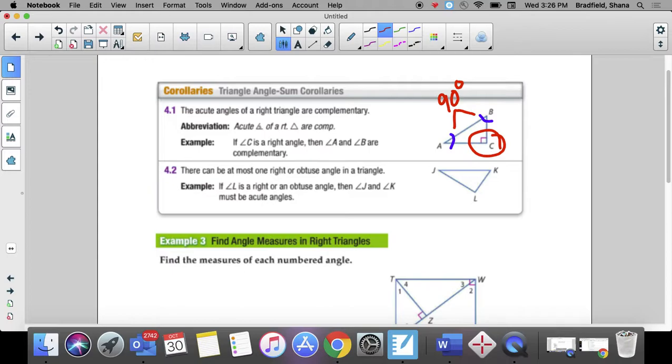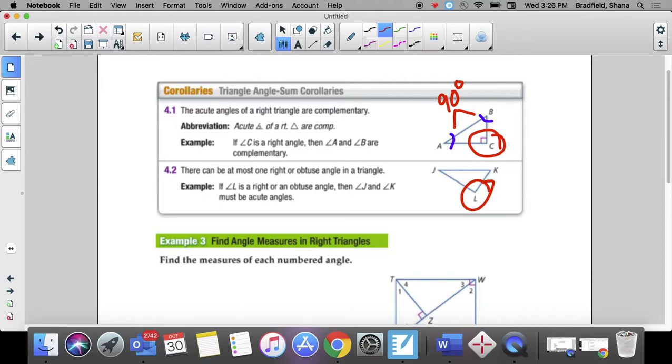Then in the second one, there can be at most one right or obtuse angle in a triangle. So it looks like maybe L is a right angle, could be obtuse. Well, if it's a right angle, 90 degrees is already taken up.